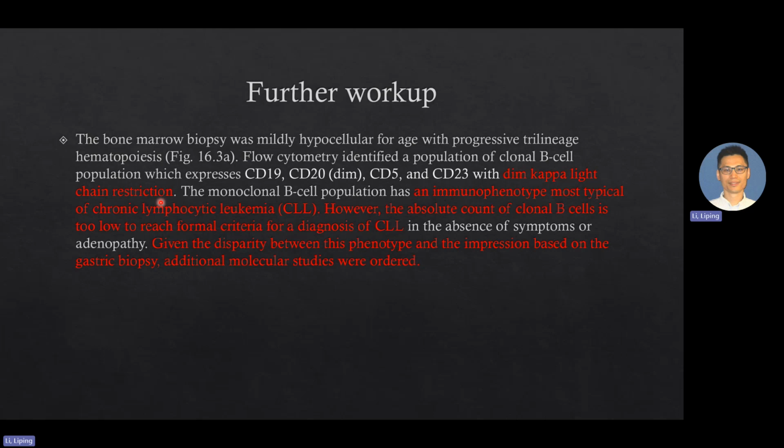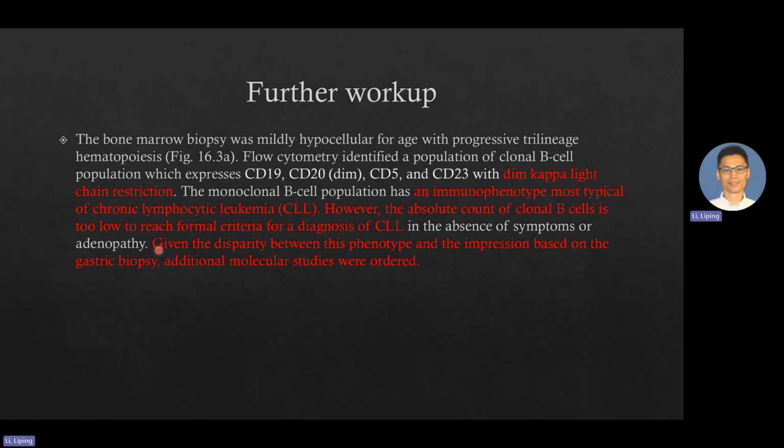This immunophenotype is consistent with CLL, but it did not meet the criteria for CLL either. We need more monoclonal B cells in the blood, and this patient does not have symptoms or adenopathy.